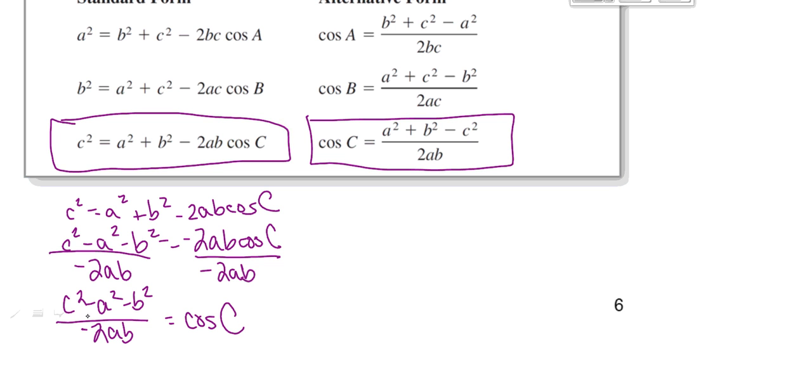If you compare this version to the version up here, you'll notice my c squared is positive, and the a's and b's are negative, or subtracted, in my version.